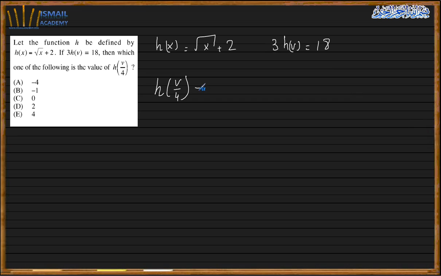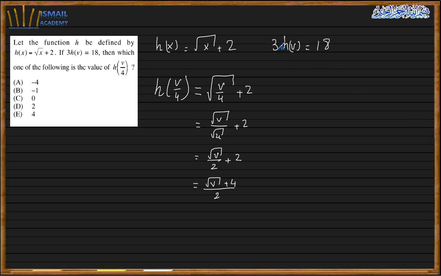Let me define h of v over 4: it is the square root of v over 4, plus 2, which is the square root of v over the square root of 4, plus 2. That equals the square root of v over 2 plus 2, and with a common denominator, this is the square root of v plus 4, over 2.